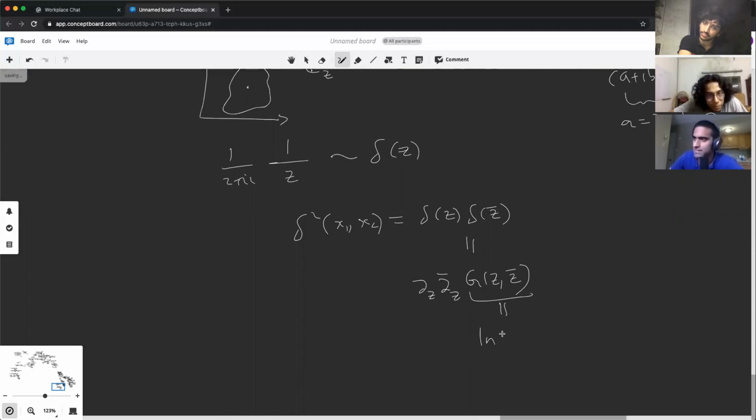The log. Do we agree? Maybe there's pi's, maybe there's some number. So it's 1 over 2 pi i, actually minus 1 over 4 pi. We could actually write down that number.